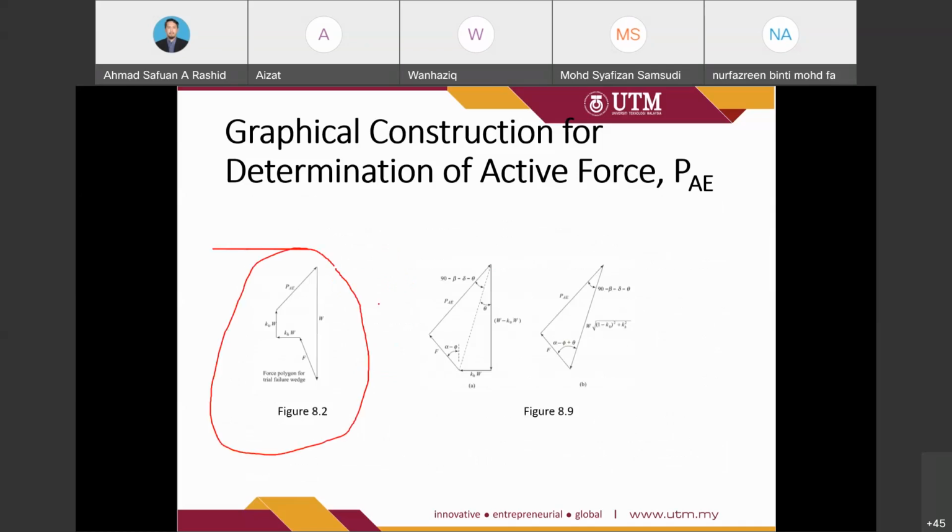Then they come up with another approach, by introducing this new force polygon to determine the PAE. From this type of force polygon, they introduce the W to replace this part.